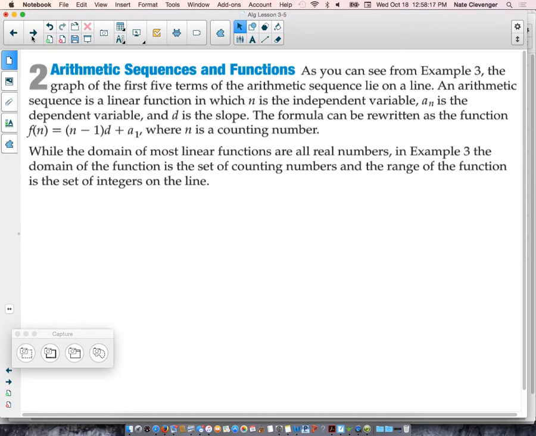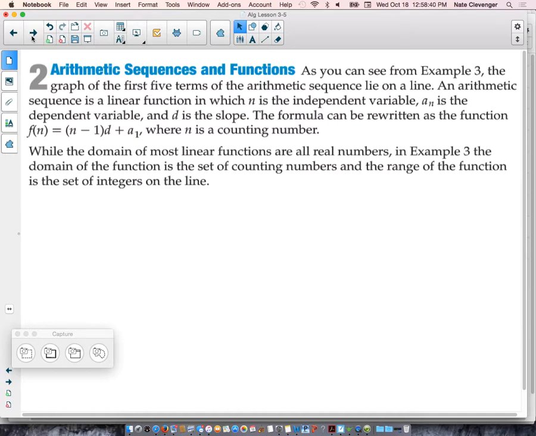In short, they're saying that an arithmetic sequence is going to give you a linear relationship. That's why they put the graphing part in there, where n is your independent variable, your x, so to speak.